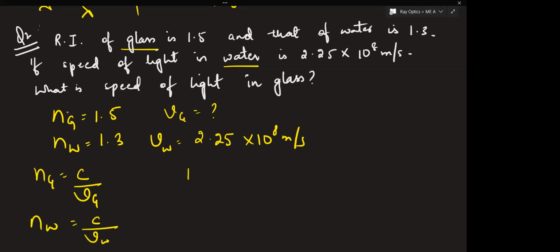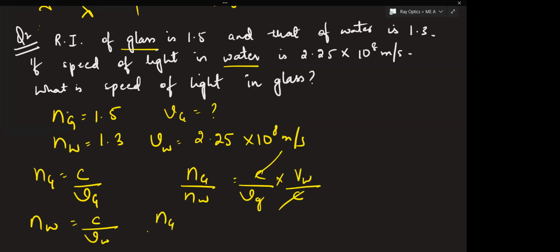Now take the ratios. Ng by Nw, that will be C by Vg into Vw by C. C gets cancelled, so Ng by Nw is equal to Vw by Vg. From here, Vg will be equal to Nw by Ng into Vw.